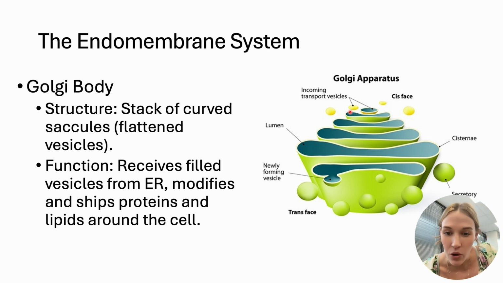But how does it know where to go? Well, it needs to stop at the Golgi apparatus first. And the Golgi apparatus is going to modify that protein, and it's going to tell the vesicle where to go. So oftentimes these modifications to these vesicles are going to be glycoproteins, which are going to act like a tag and say, okay, this is a mitochondrial protein package.